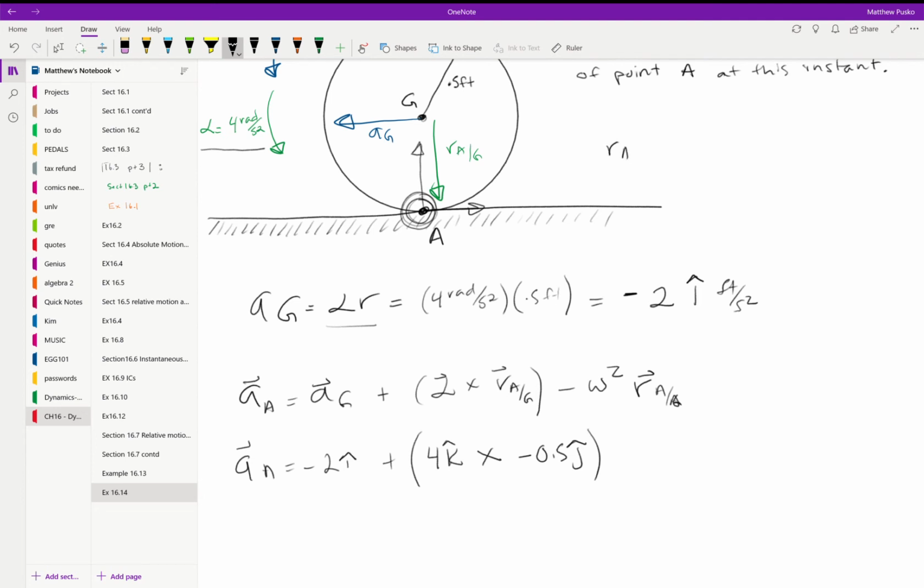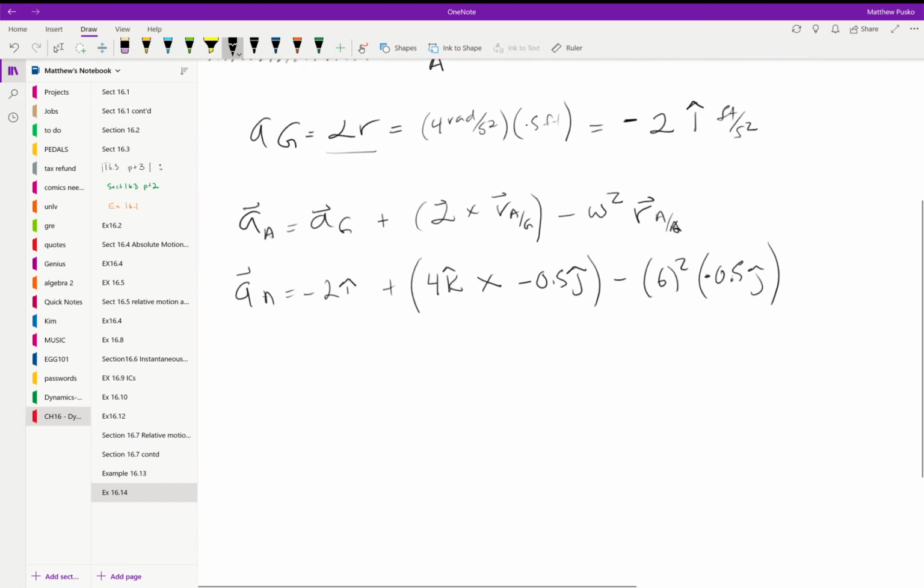That's my r of A with respect to G. Just goes down 0.5 feet. Alright, and then we have omega squared. Omega was given to us, and in the direction of r, which is negative 0.5j.